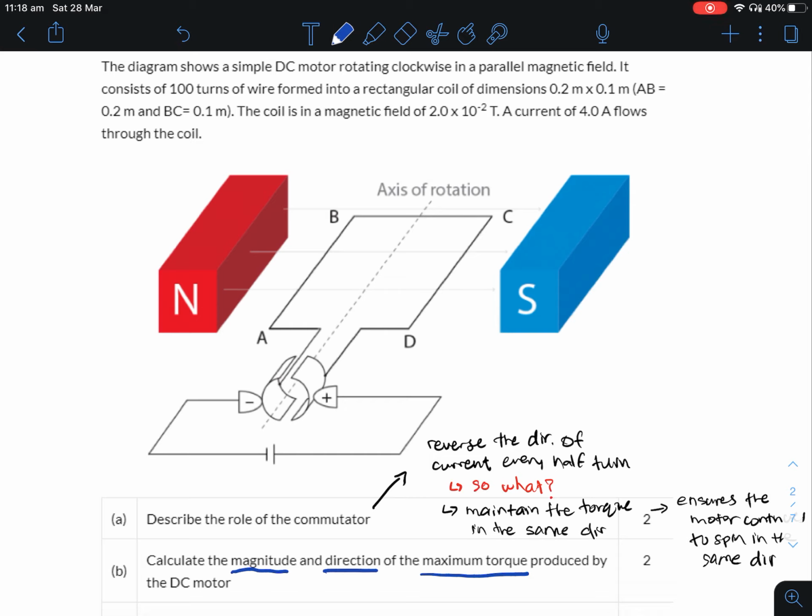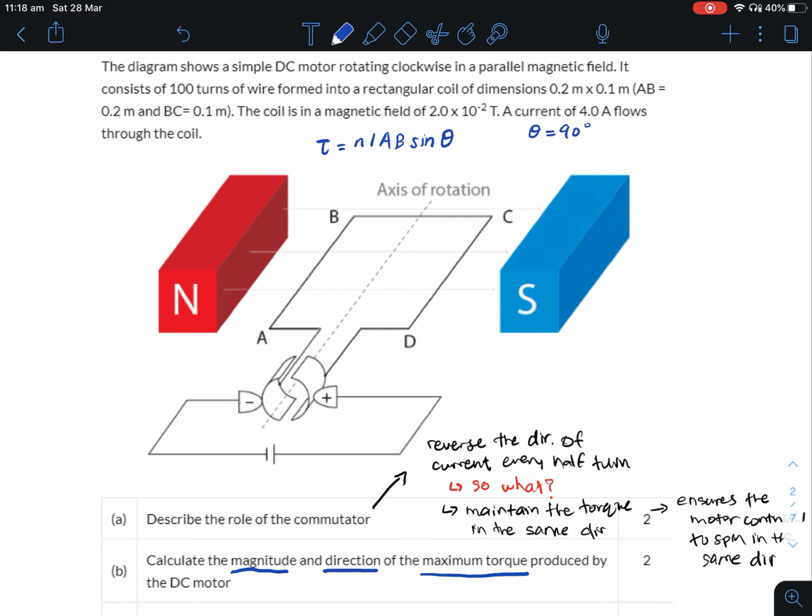Well, remember our torque equation over here is T is equal to NIAB sine of theta. Now, when is sine theta maximum? Well, sine theta maximum value is 1. And for sine theta to equal 1, theta must equal 90. Now, my question is, in this diagram, is theta already 90?